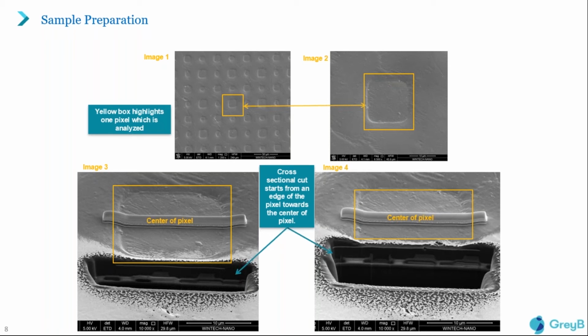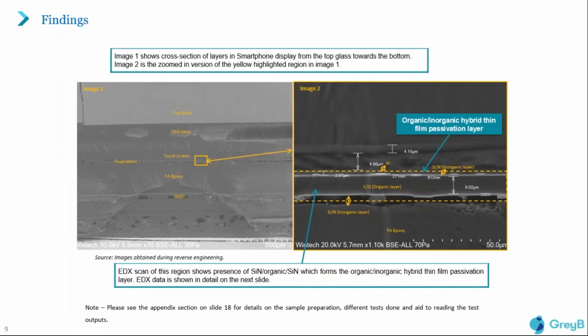Yeah. So with all the sample preparation and everything, our final objective was to study those layers and see if we can find the layers which we are looking for. The one which you see on my slide right now shows the different layers which we find in the product, the different layers which were needed.